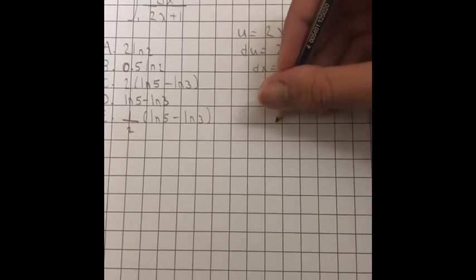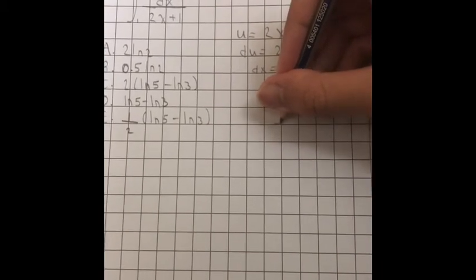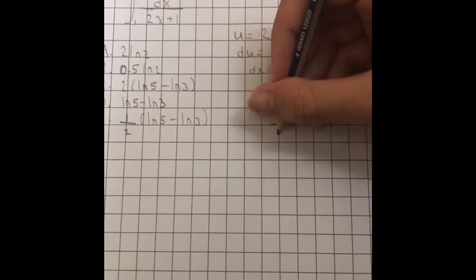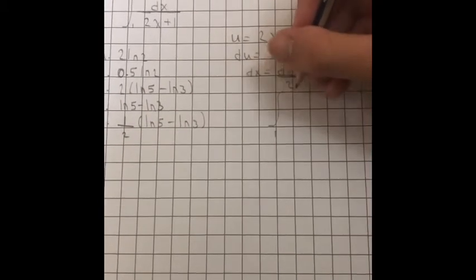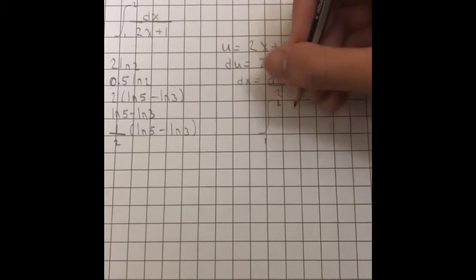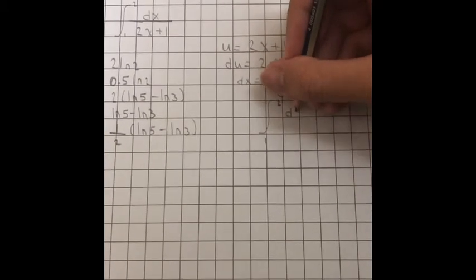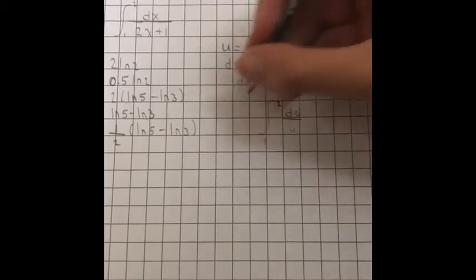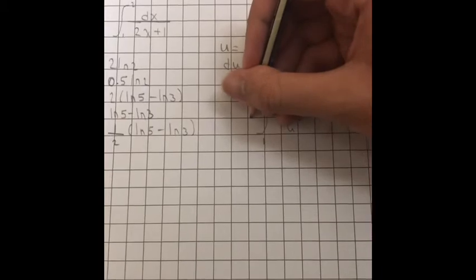So it will be the integral from 1 to 2 du over u, and we will take 1 over 2 outside here.